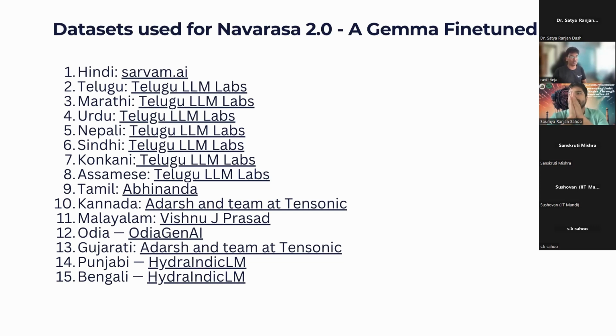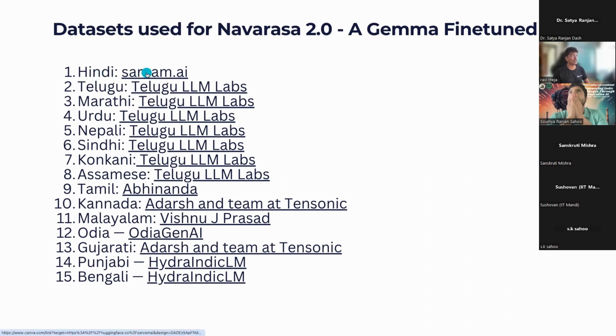And that's when the Navarasa one was released. People were really appreciating it, and some wanted specific languages to be included as well. Then we went ahead with the feedback and included almost 15 languages in the whole dataset. So this is not one single effort by us. It is a combination of multiple teams' efforts.